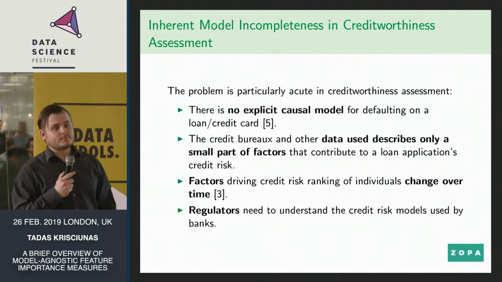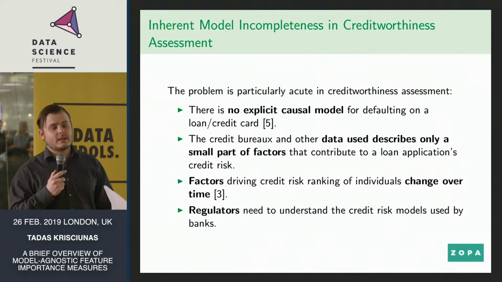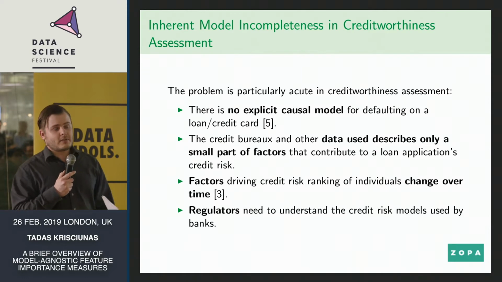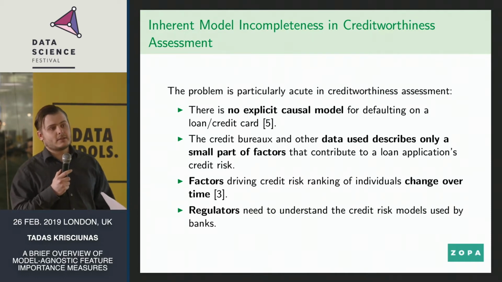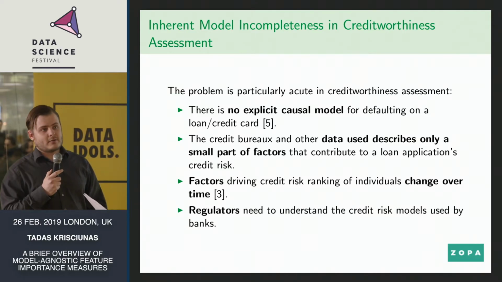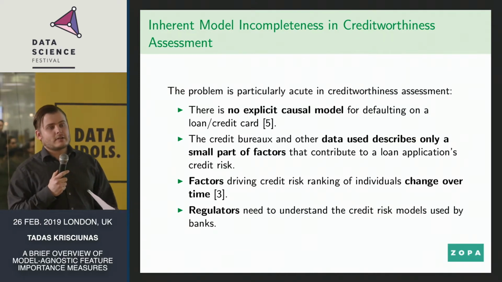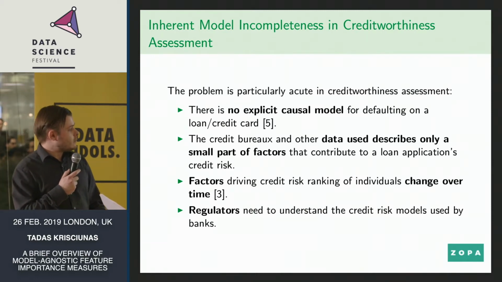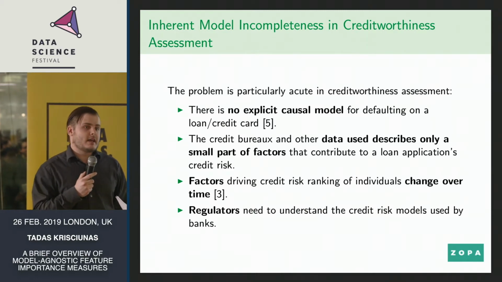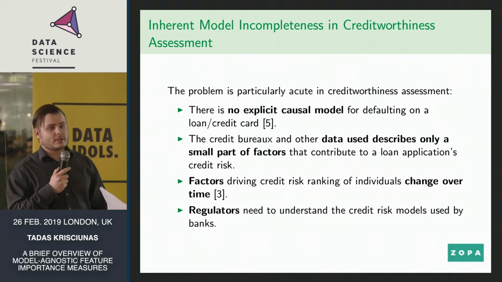So particularly, we usually look at historical credit data, but there are multiple other factors such as economic data or demographic data that we just don't look at. So while we try to make use of all of the data that we can to make the best decision, it's still a small fraction of all of the data that actually drives credit risk. Also, it is evident that credit risk factors change over time.